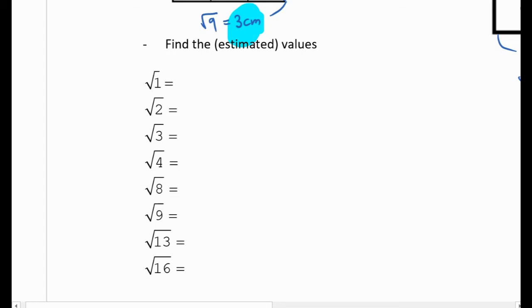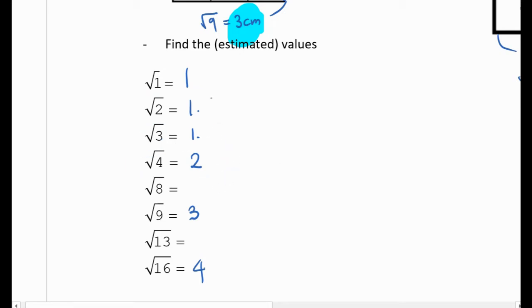For example, what's the square root of 1, everyone? It's 1. And what's the square root of 4? That is 2. And what's the square root of 9? That is 3. And what's the square root of 16? That is 4. And the square root of 2 and the square root of 3 are 1 point something. The square root of 2 is a little bit closer to 1, and the square root of 3 is a little bit closer to 2.